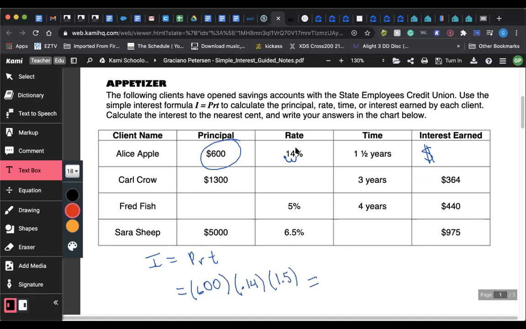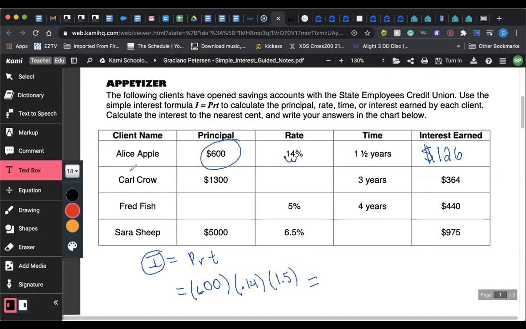She earned $126. All right. So that's how we do it if we're working just with finding the interest, right?